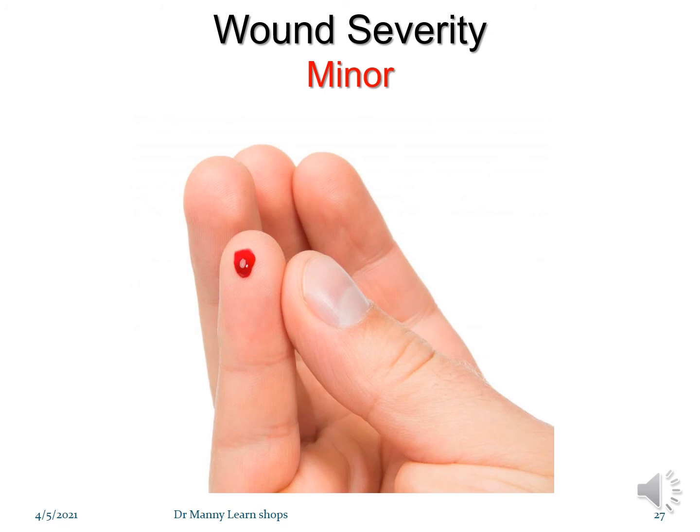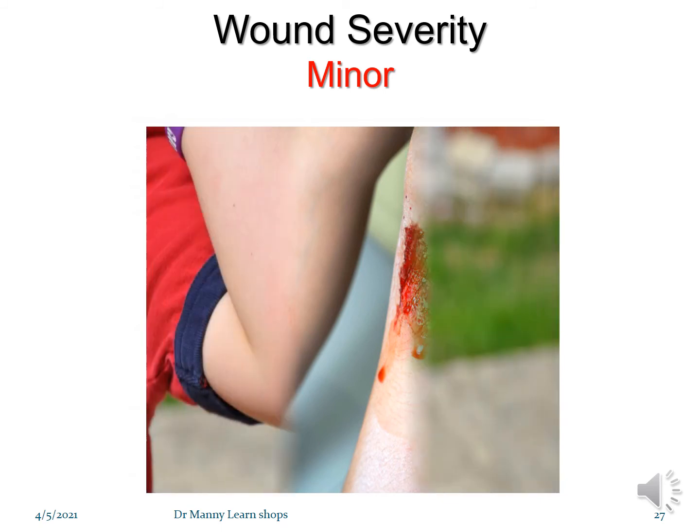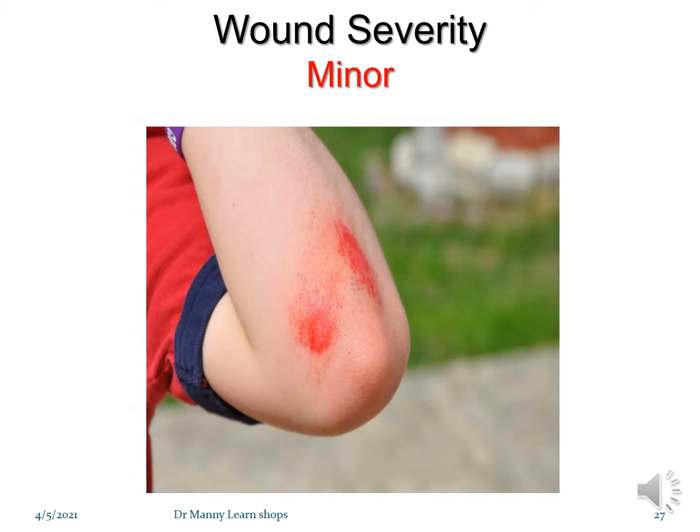Wounds can be of several types in relation to severity. They can be minor, which results in minimal bleeding as a result of a laceration or a graze or an abrasion.